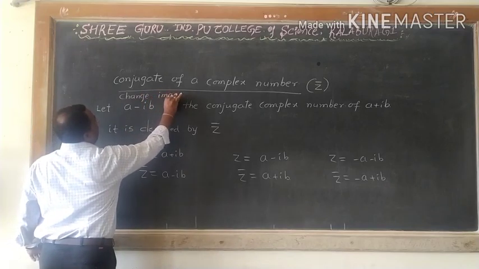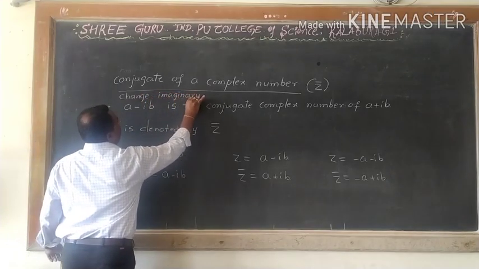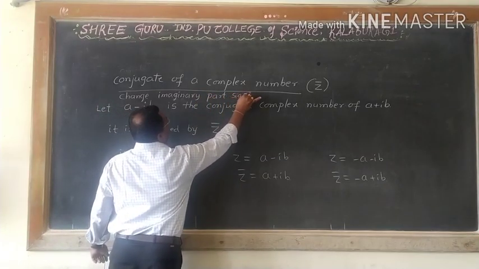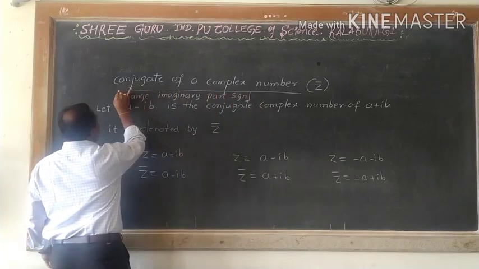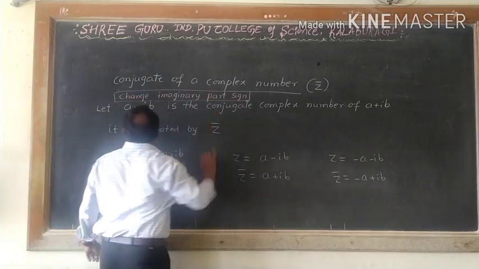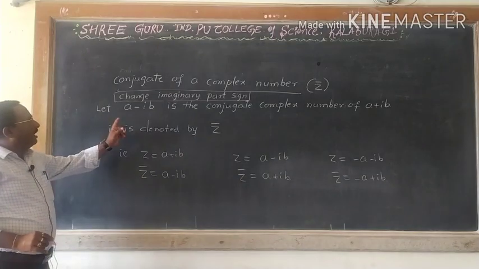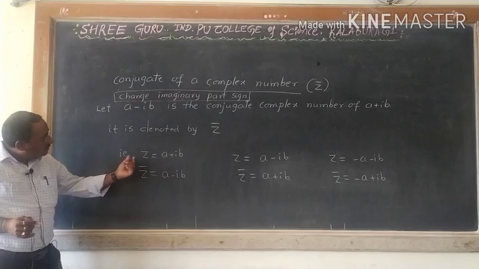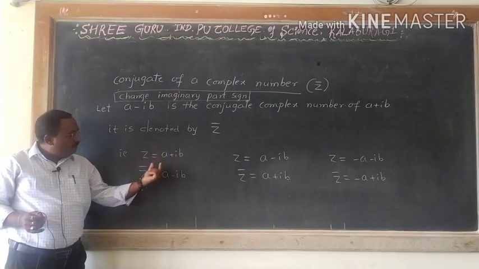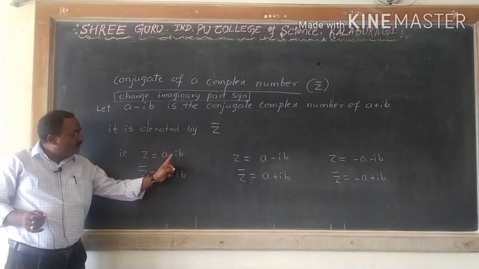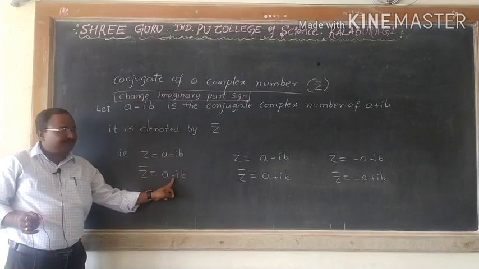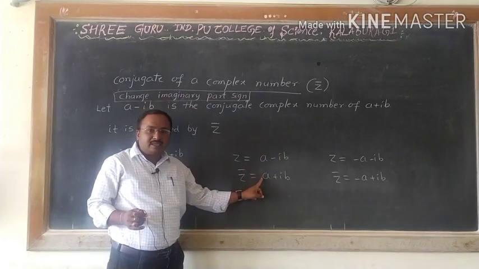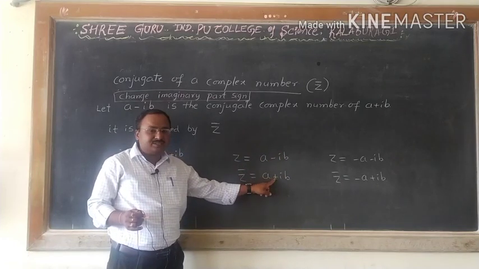Keep in your mind this idea, just the key point: change imaginary part sign. Z is equal to a plus ib. Z bar, write its conjugate. Plus becomes minus. Suppose Z is equal to a minus ib. Z bar is what? A plus ib. Yes, imaginary part sign change.